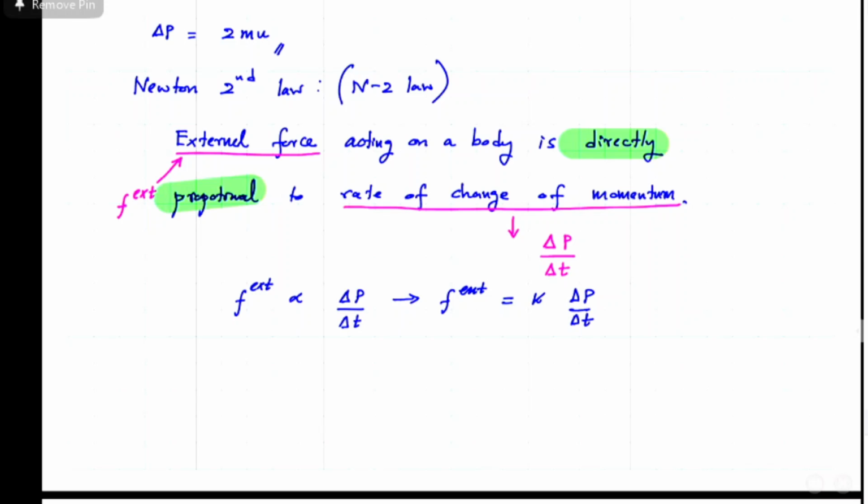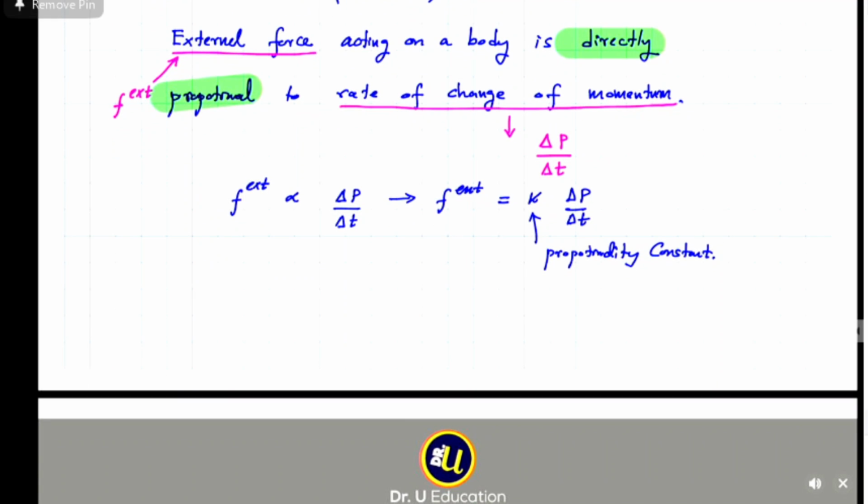That's how you convert. This constant is called the proportionality constant. All good? Yeah.